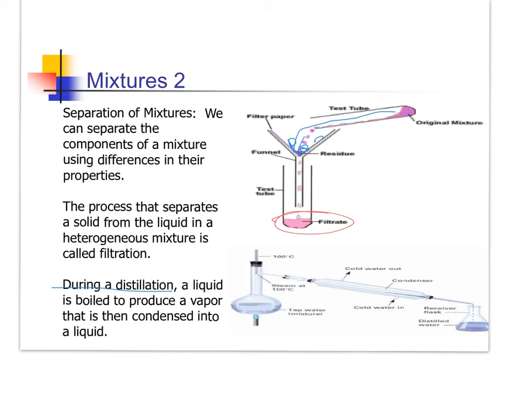You can actually separate out, say, an ethanol and water mixture. It's very fine tuning, but they can be based on their boiling points. I think ethanol has about a 70 degrees centigrade boiling point, and water is about 100.